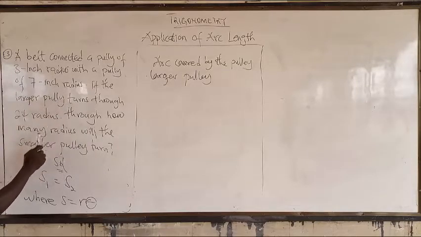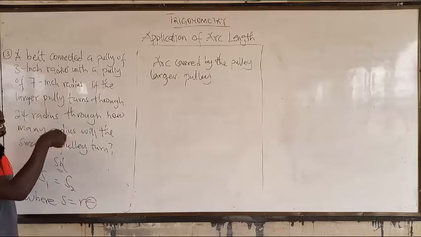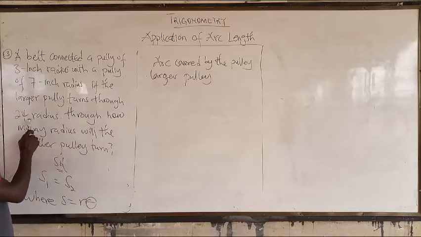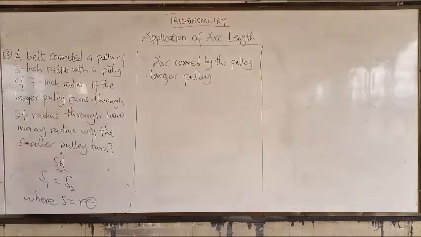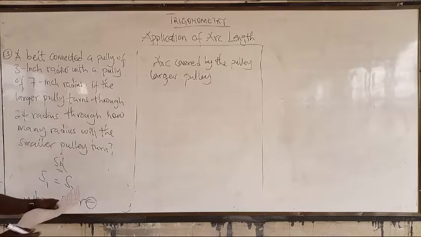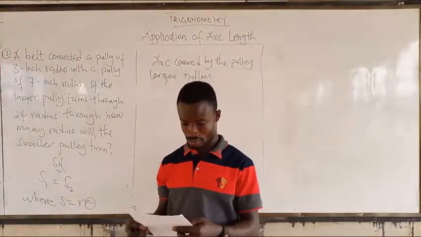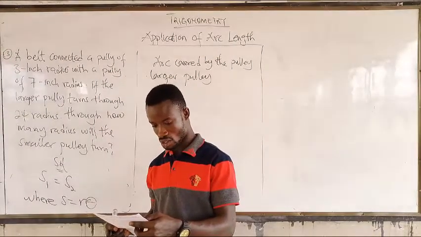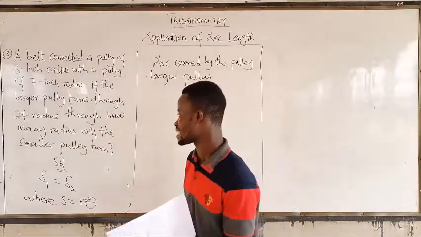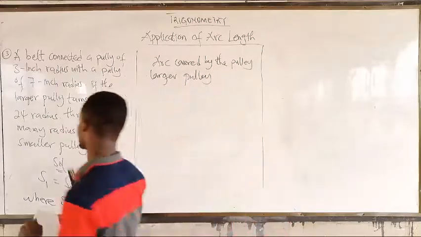Now let's look at the angle given. If the larger pulley turns through 24 radians, the radius is given to us and the angle is 24 radians, not radius, sorry.